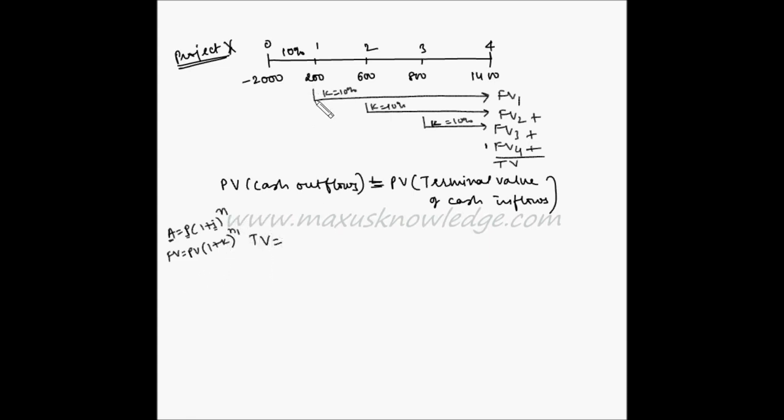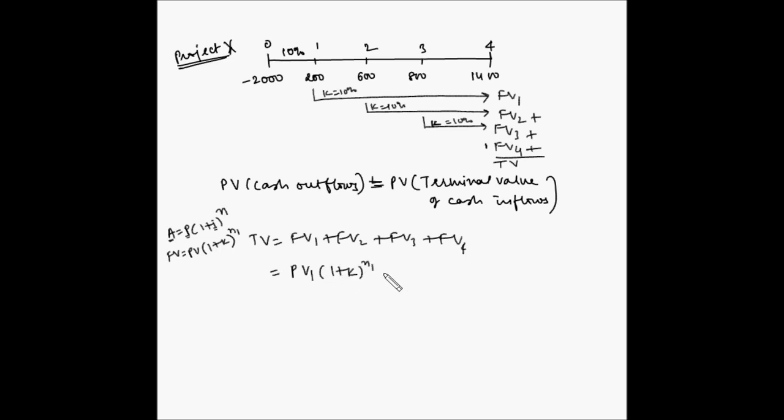So for the first cash inflow, we will say TV is equal to FV1 plus FV2 plus FV3 plus FV4, and the future value can be written as PV1 into 1 plus K to the power N1 plus PV2 into 1 plus K to the power N2 plus PV3 into 1 plus K to the power N3 plus PV4 into 1 plus K to the power N4.